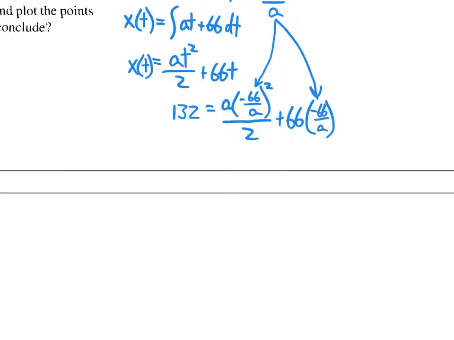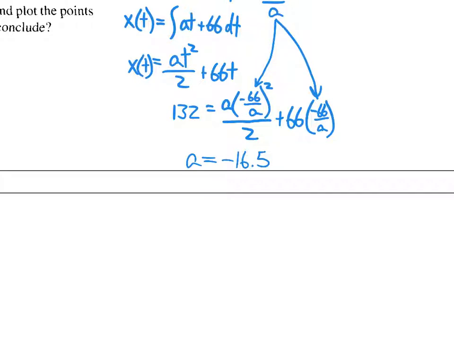I'll let you guys solve it. It's just a quadratic equation. Or actually it ends up not being a quadratic equation because the A cancels out one of the A's on the bottom. So you solve this and you get A equal to negative 16.5 feet per second per second.